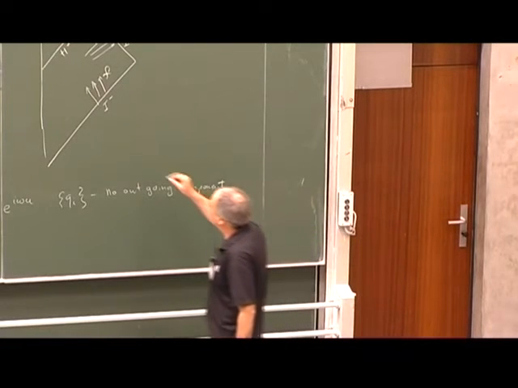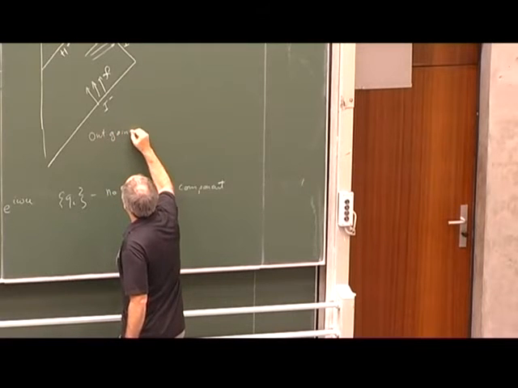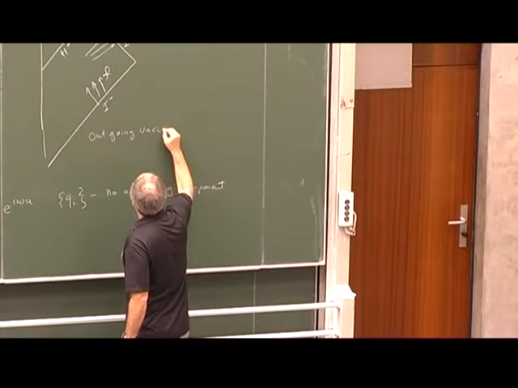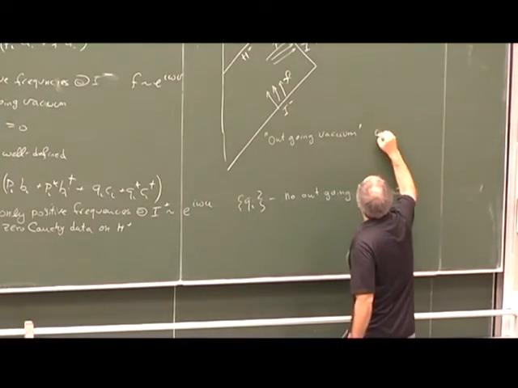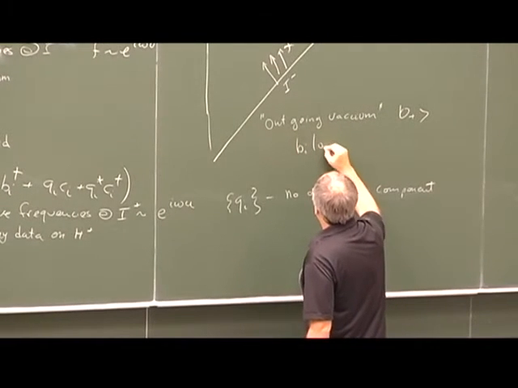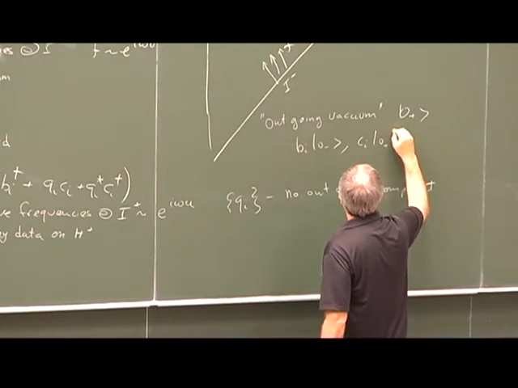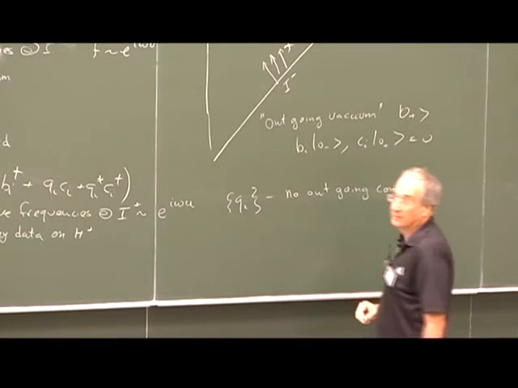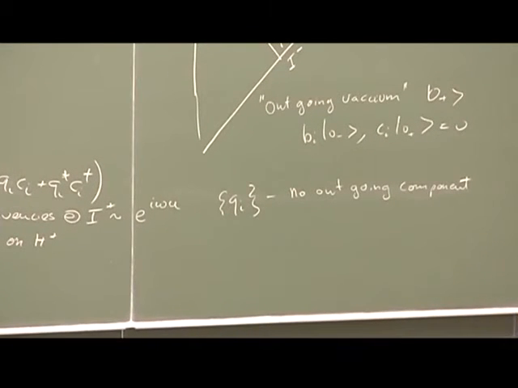Now the outgoing vacuum zero plus is defined such that all these annihilation operators annihilate it. It's a different state from the zero minus.